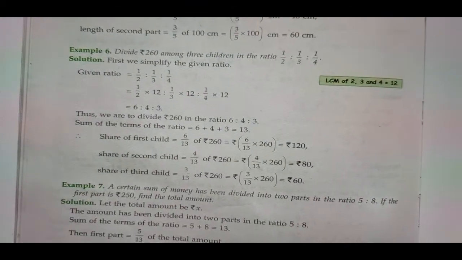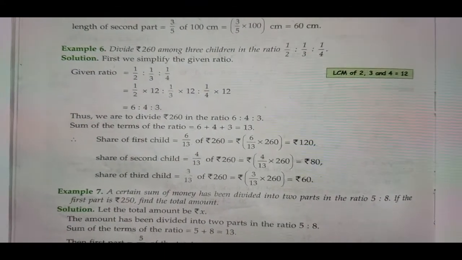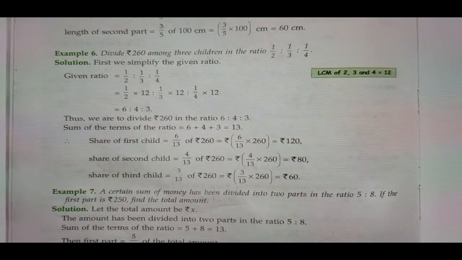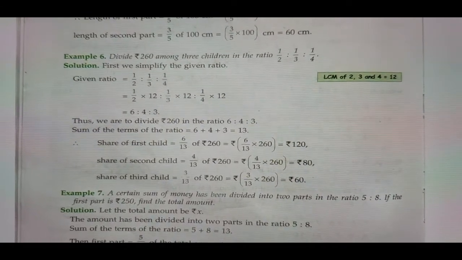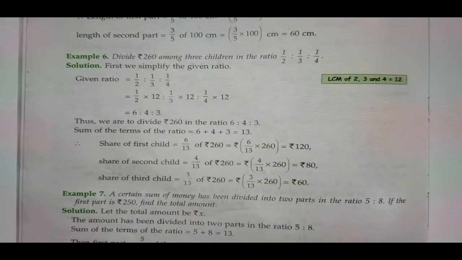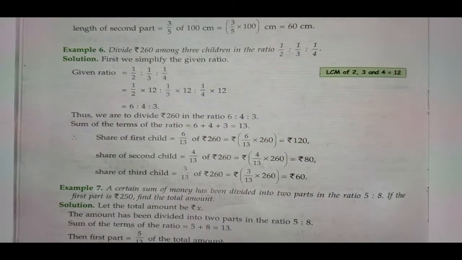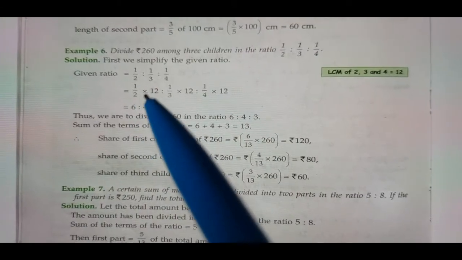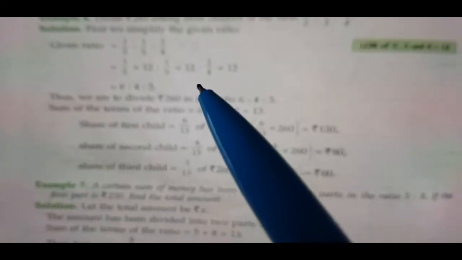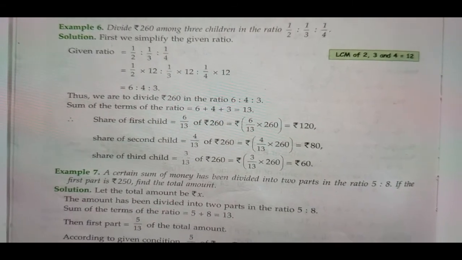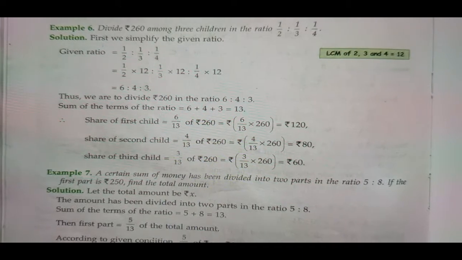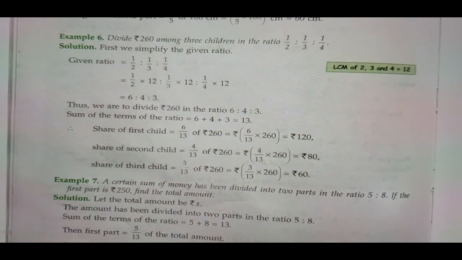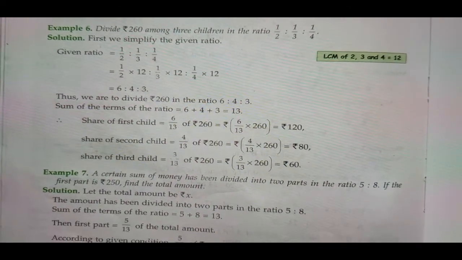Divide this money among 3 children in the ratio of 1 is to 2, 1 is to 3, 1 is to 4. So we'll find the LCM of 2, 3 and 4 here. So 2 3s are 6, 3 2s are 6, and 4 3s are 12 in the same way, giving 6 is to 4 is to 3 as your ratio. Now you have to divide.